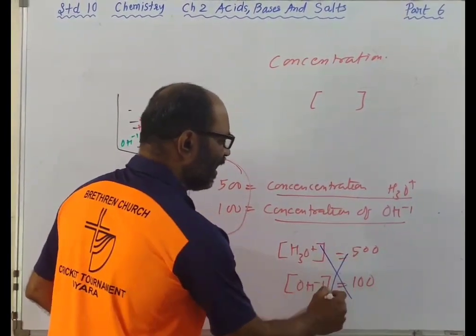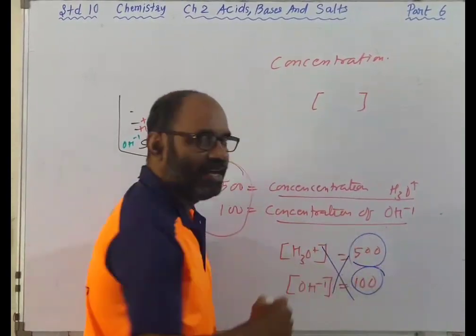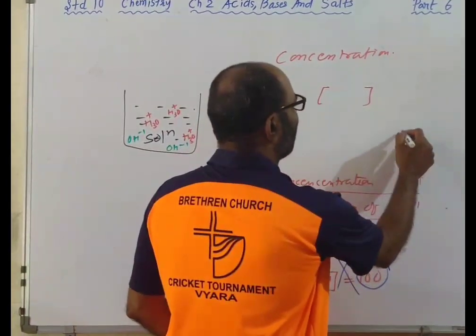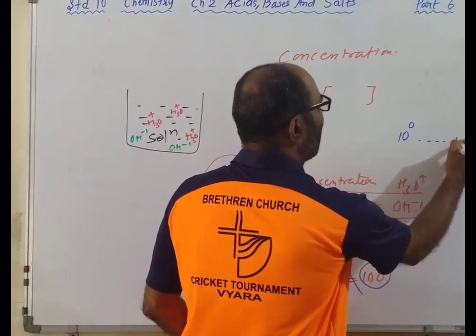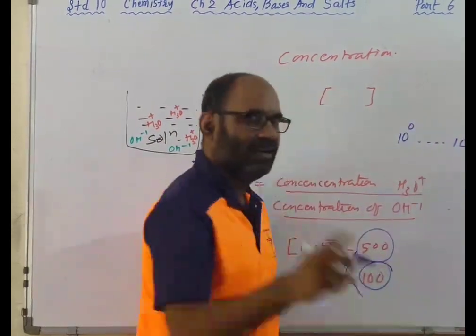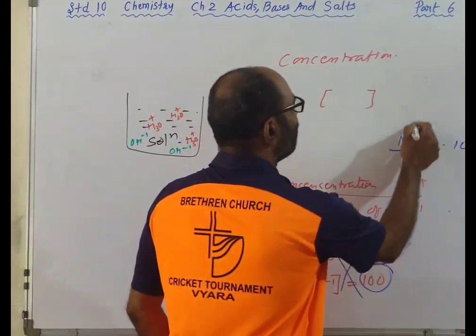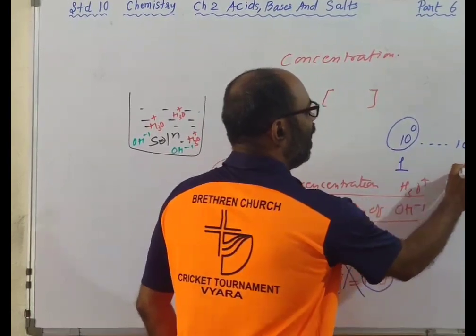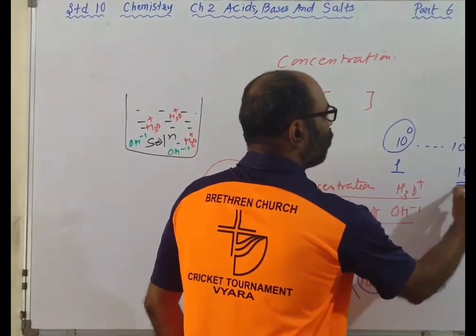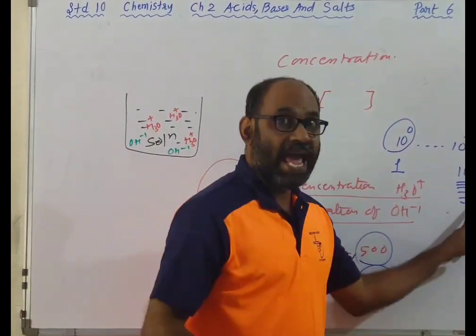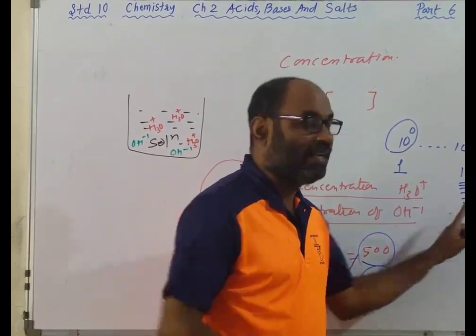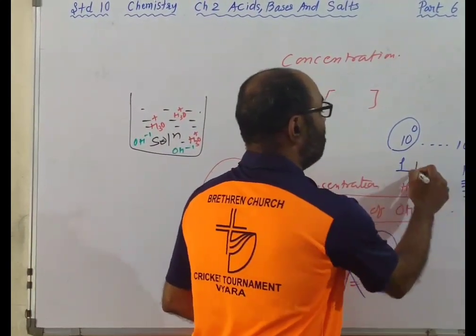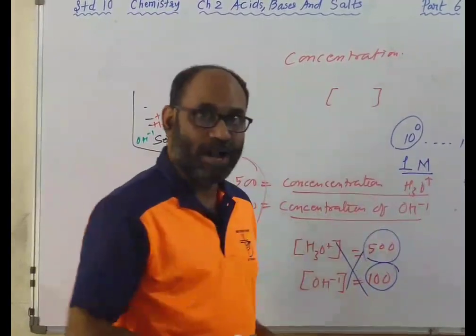अभी this concentration इतने बड़े फिगर में नहीं होता है. It is always 10 raised to 0 to 10 raised to minus 7. याद करो, I told you 10 raised to 0 means 1. So concentration can be as small as 10 raised to minus 7 molar and maximum as high as 1.